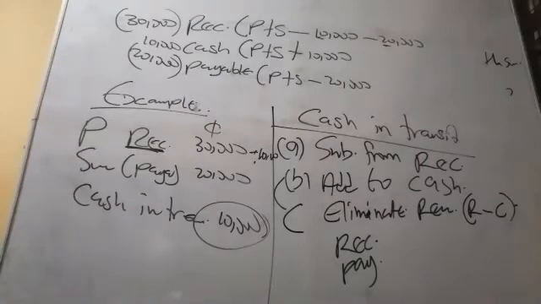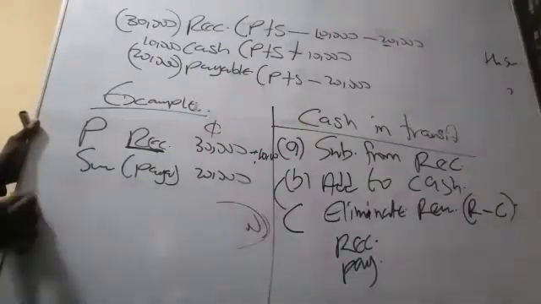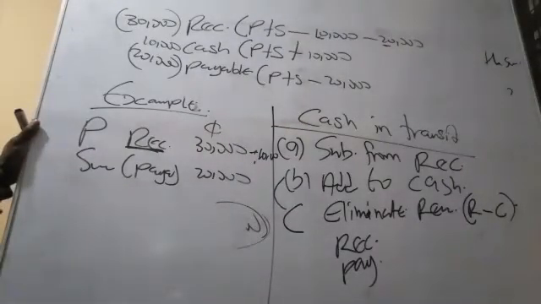Great. So goods in transit works on the payable, and cash in transit works on the receivable. That's the secret, and that's the link.